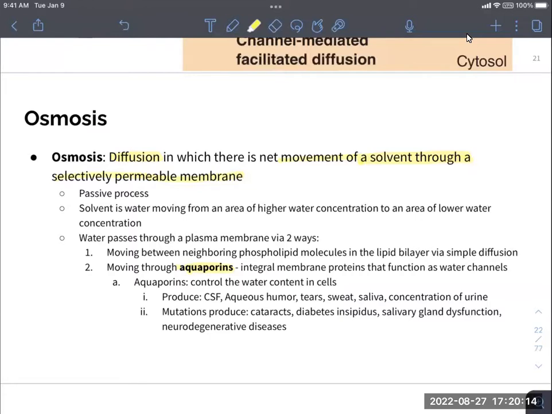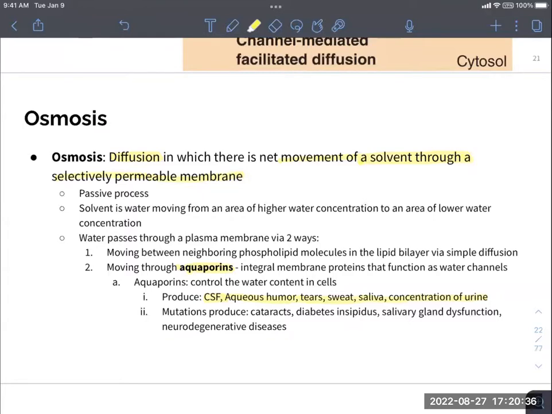These aquaporins can help to control the water content in that cell. This is how we produce cerebrospinal fluid, aqueous humor, tears, sweat, saliva, and the concentration of urine. It's all done through aquaporins.